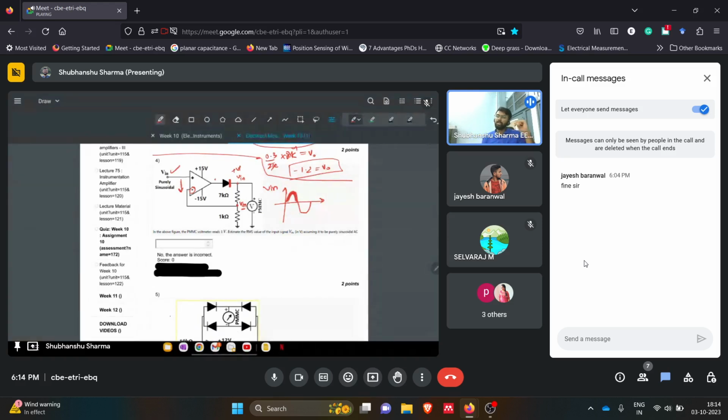Or you can analyze any diode circuit in an operational amplifier in a better way. So we had this V in voltage, and this is the positive cycle of it.